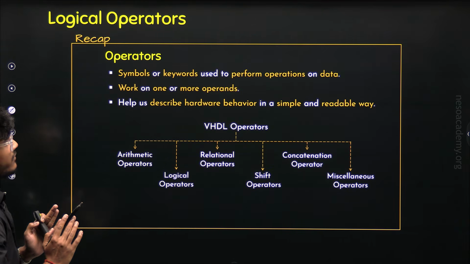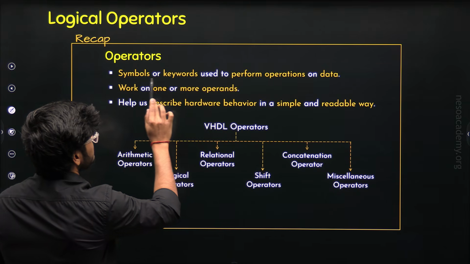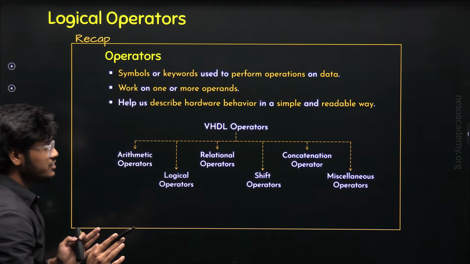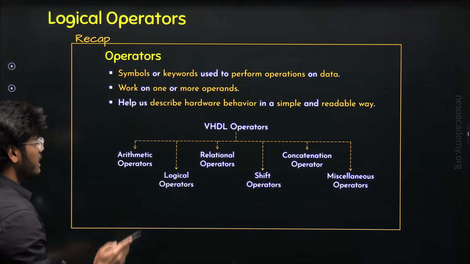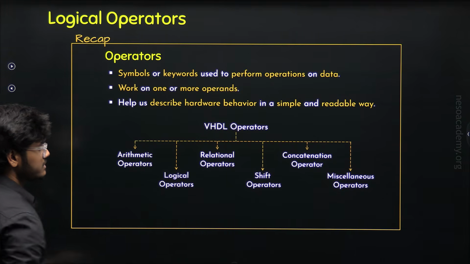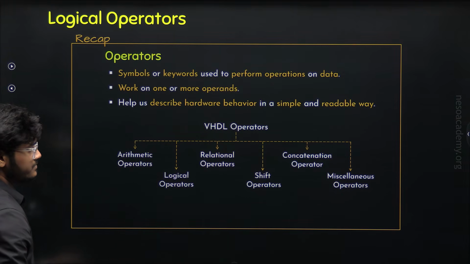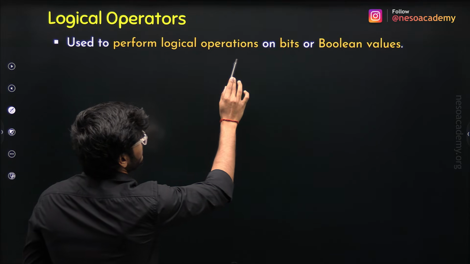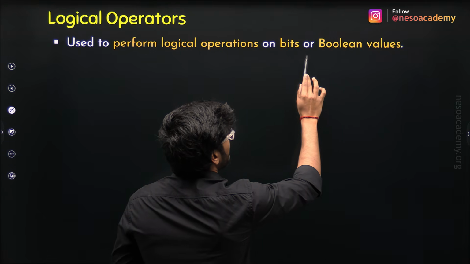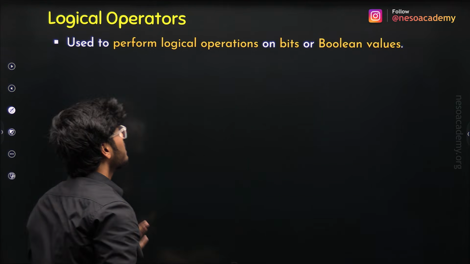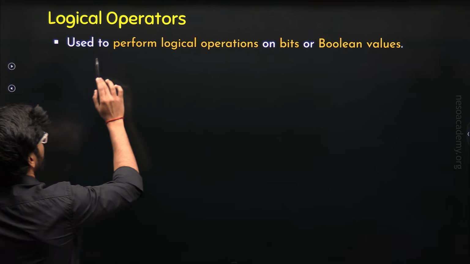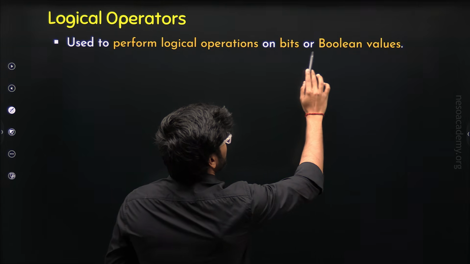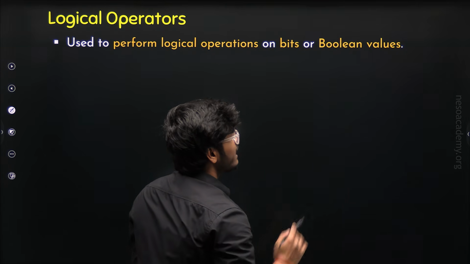In the previous lecture, we have already seen operators are symbols or keywords used to perform operations on data. And in VHDL, there are 6 operators. We have already covered arithmetic operators. Let's see logical operators. Logical operators are used to perform logical operations on bits, zeros and ones, or Boolean values, true and false.